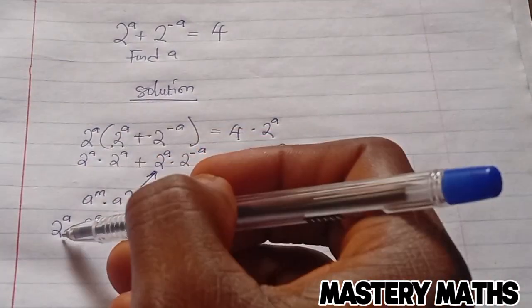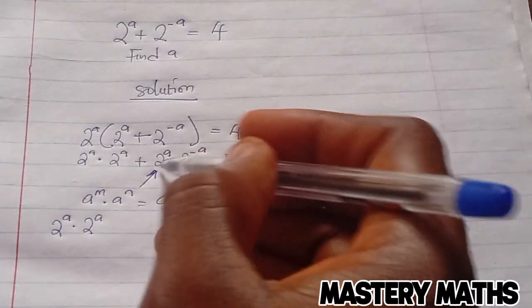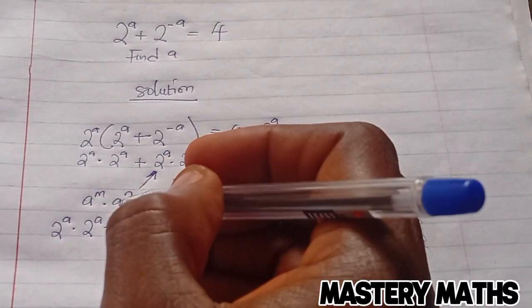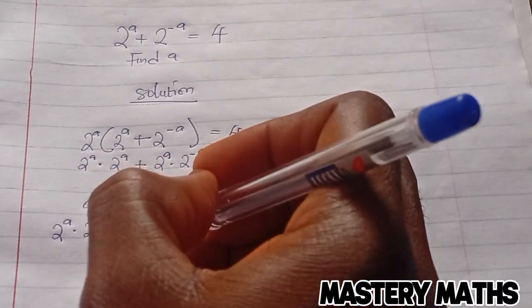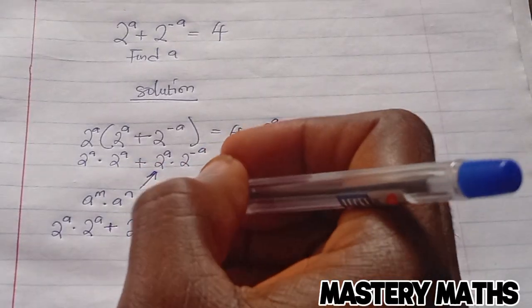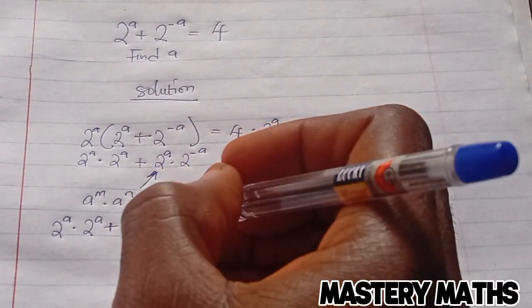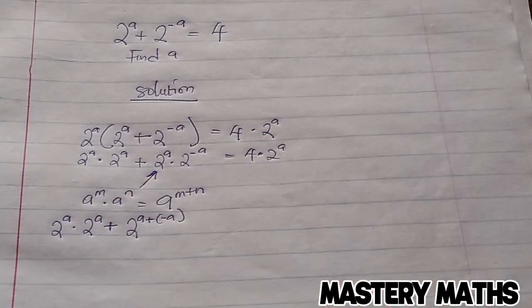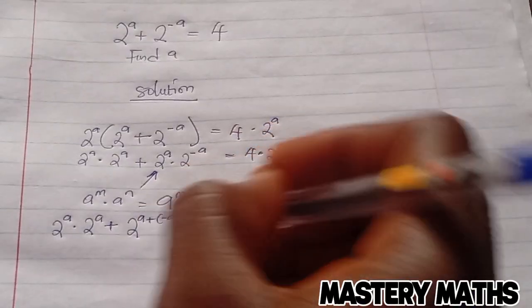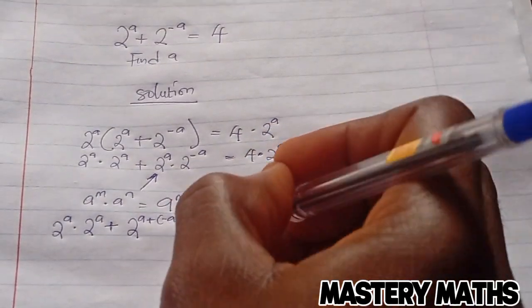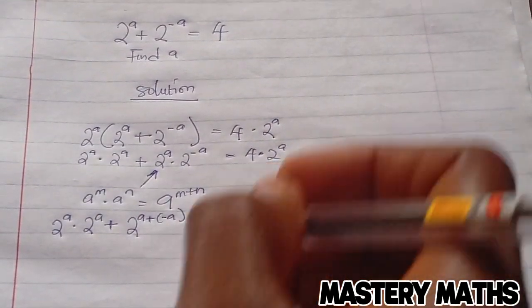This will bring this down. Then we work on this using the law of indices here. It becomes 2 raised to the power of a plus minus a, which is equal to 4 times 2 raised to the power of a.